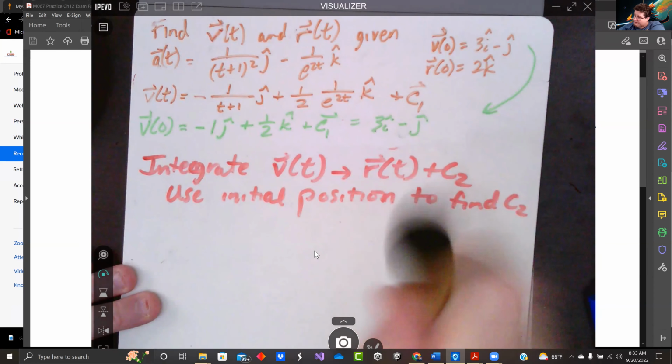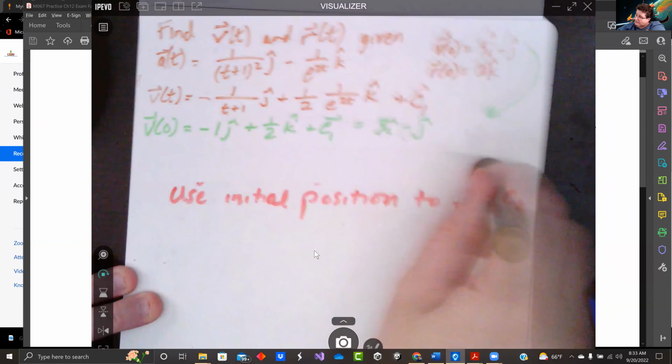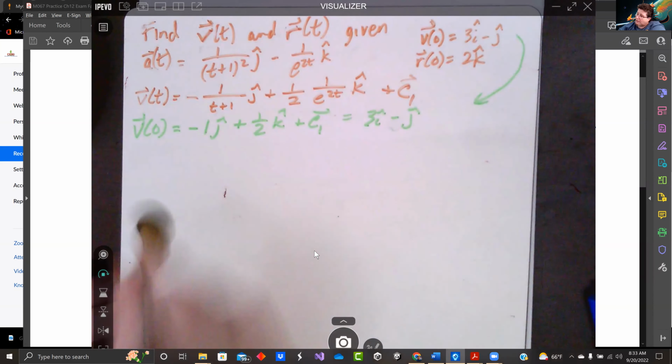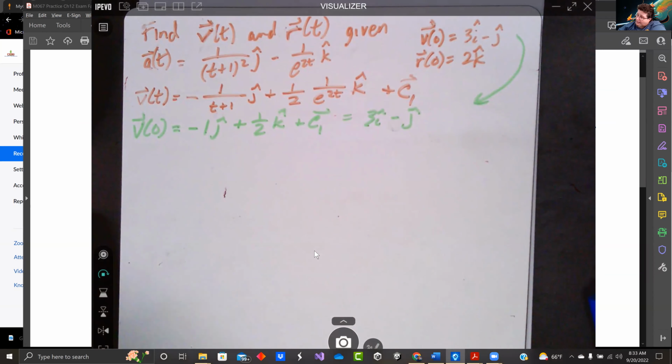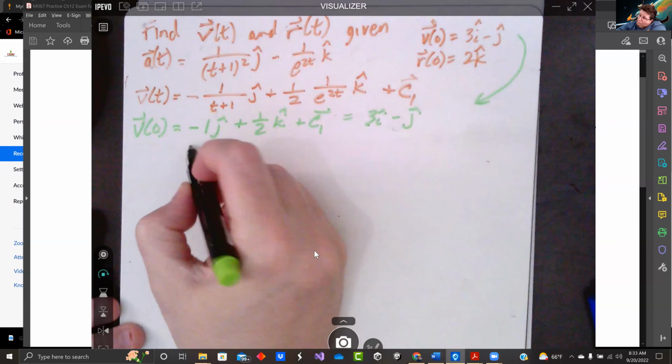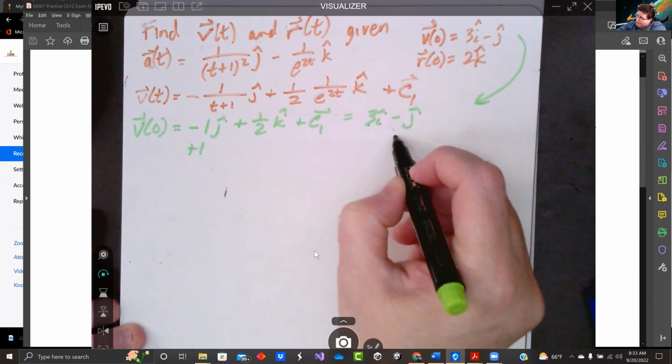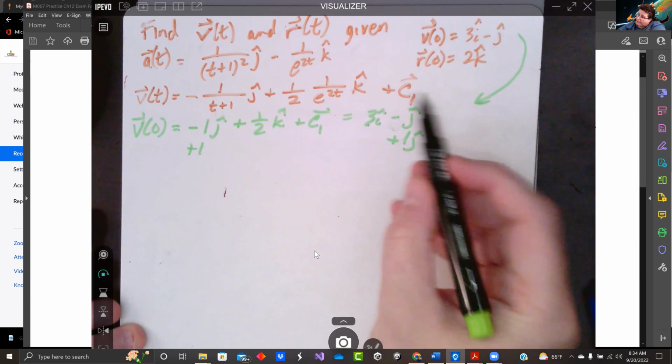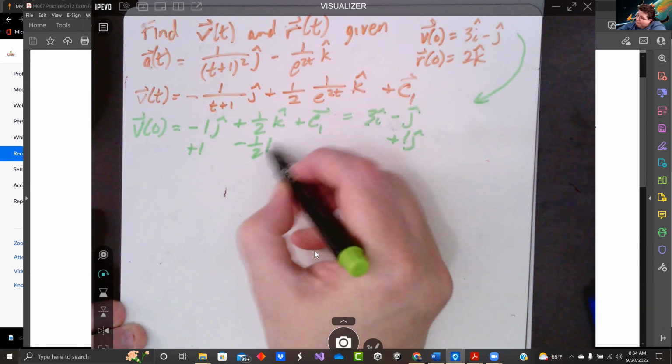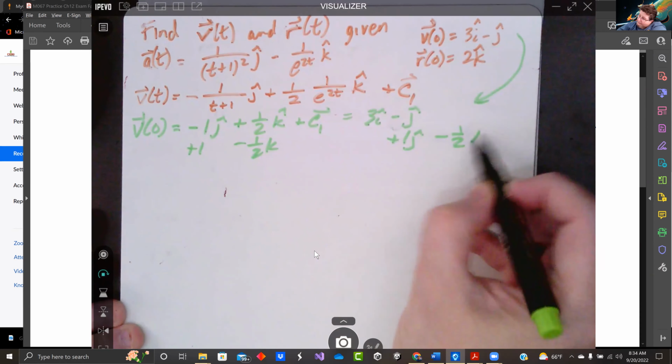If I isolate C1, which is what I should be doing here, I get, we're going to add 1j, we'll put that with the j. And I'm going to subtract 1/2 a k, and we'll put that with the k's over here.